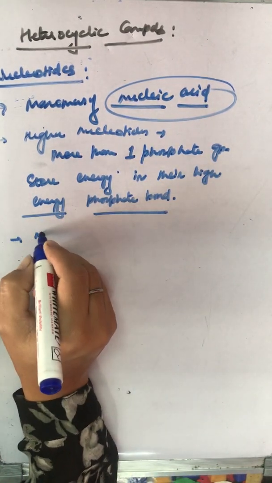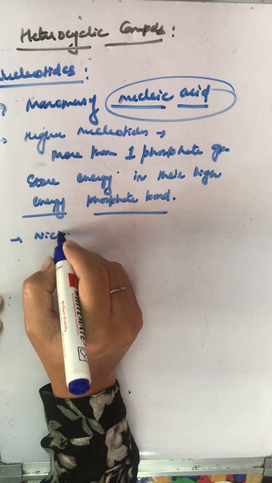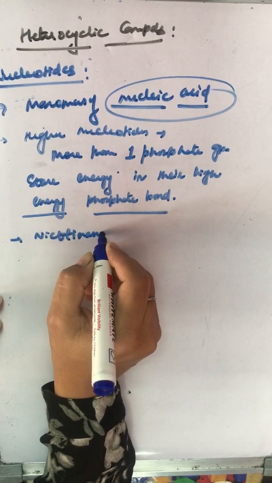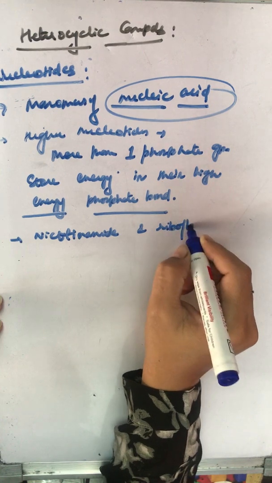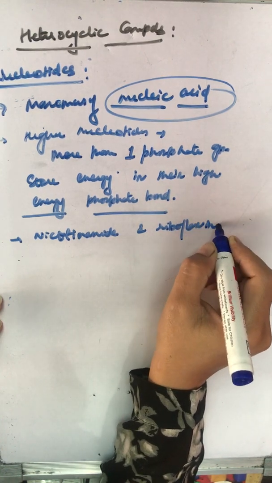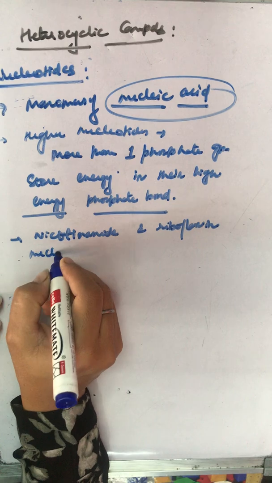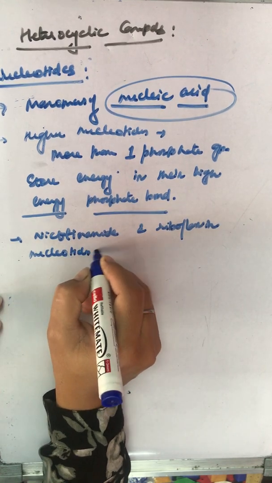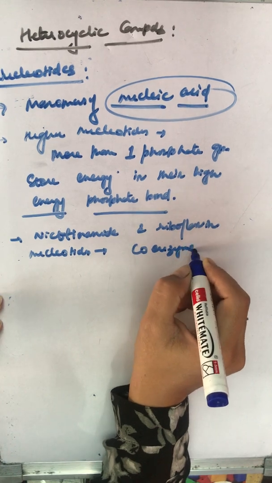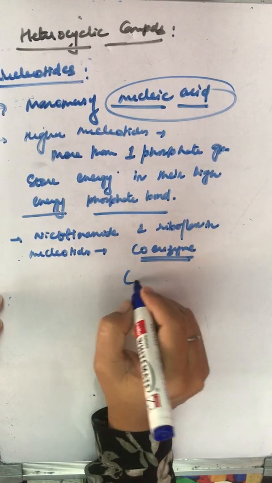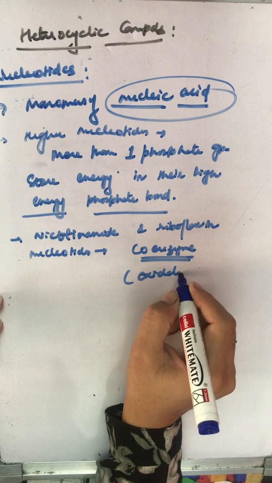Then nicotinamide and riboflavin nucleotides. These function as coenzymes for the oxidation process.